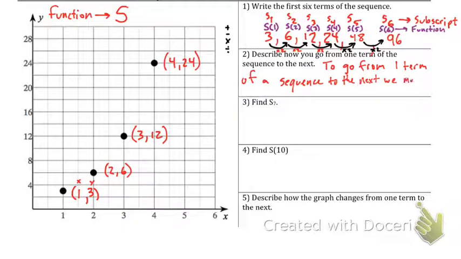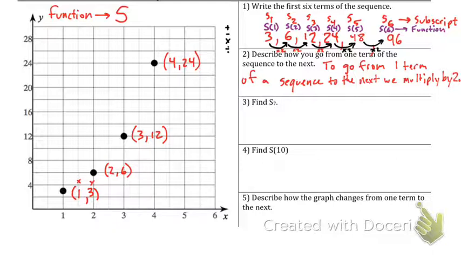And we figured out that we are multiplying by 2. Okay? When we get more and more into sequences, this idea of finding the pattern is probably the hardest part of the whole thing. Once you find the pattern, it's pretty easy to set up.